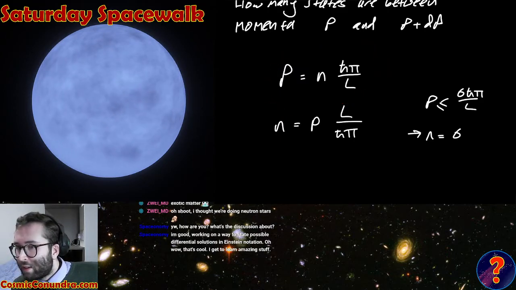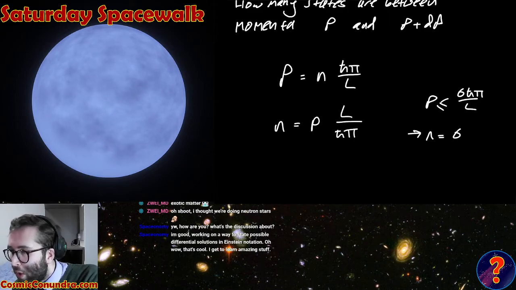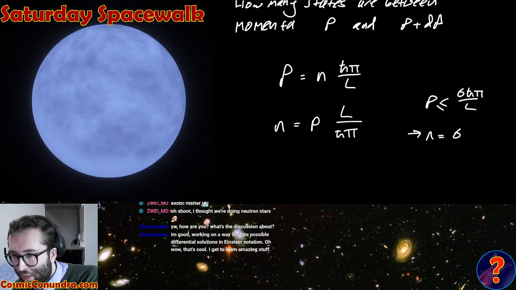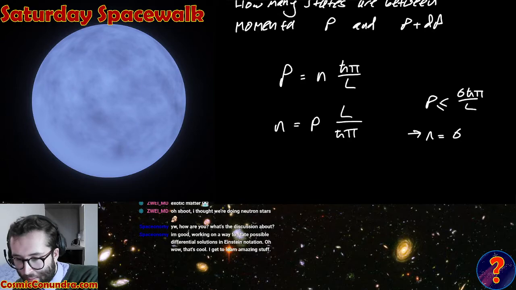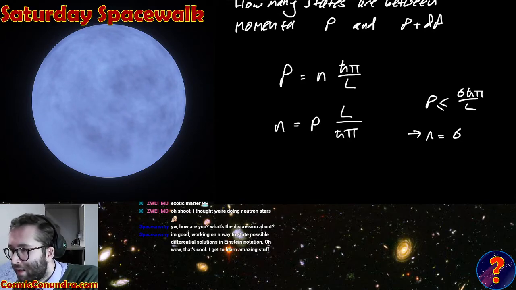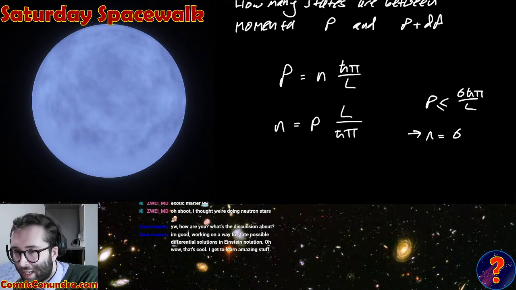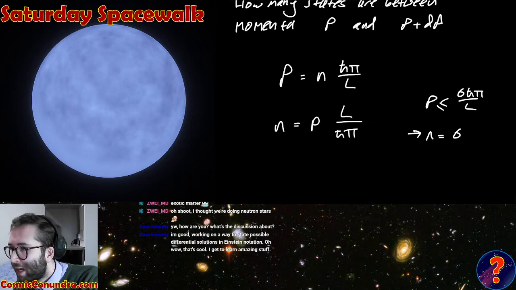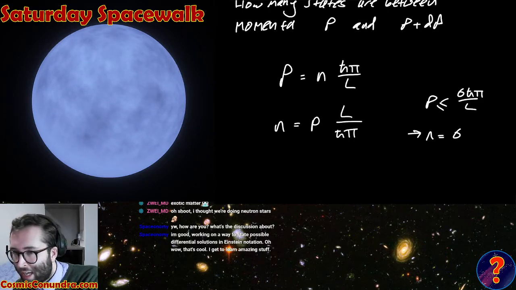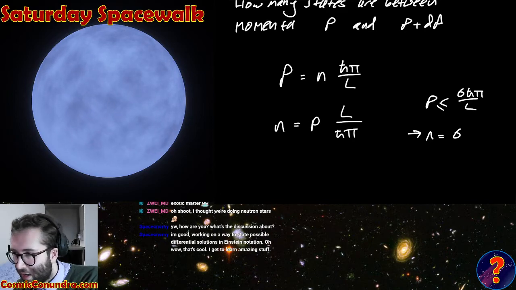Given that we can only have 1 electron per state in our system, we want to use the momenta to count how many of these states will be allowed in total.